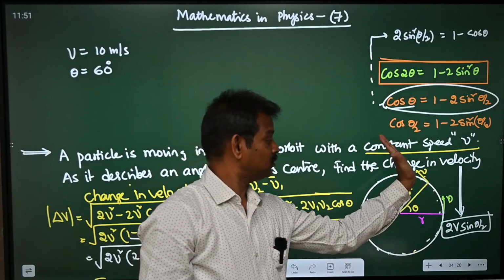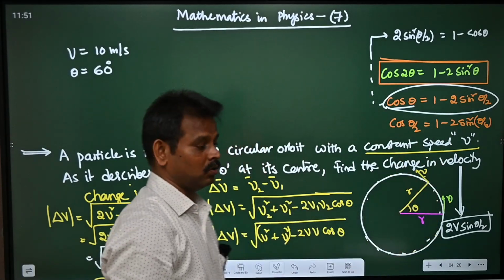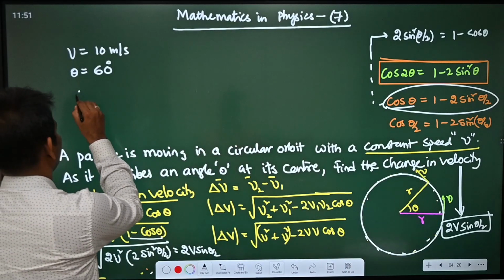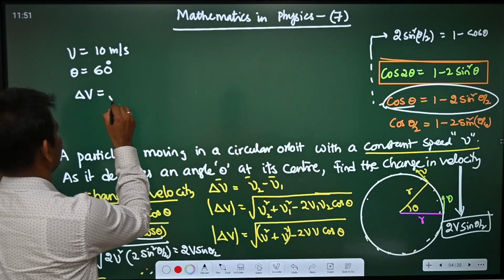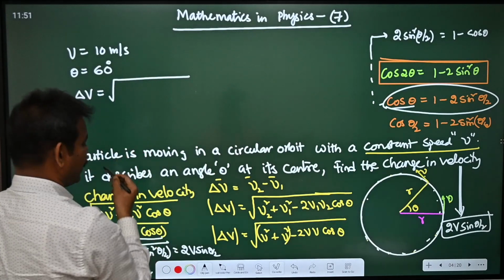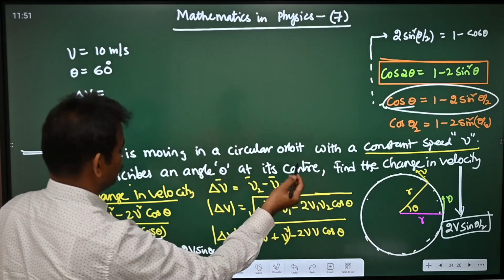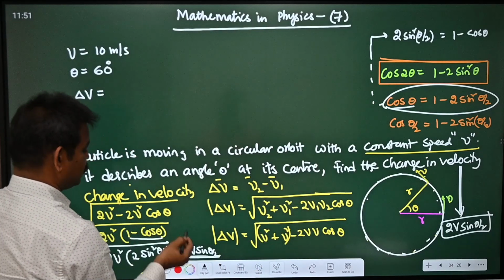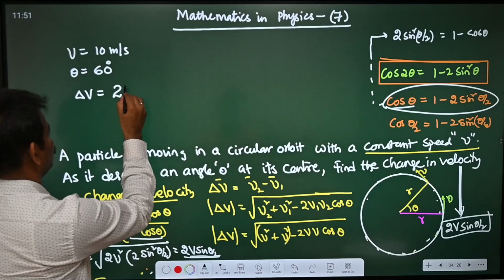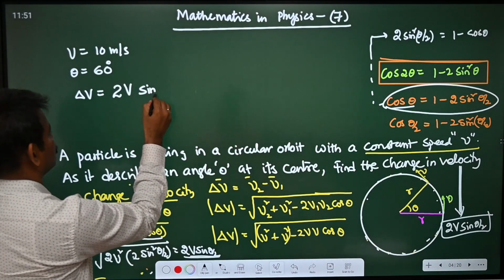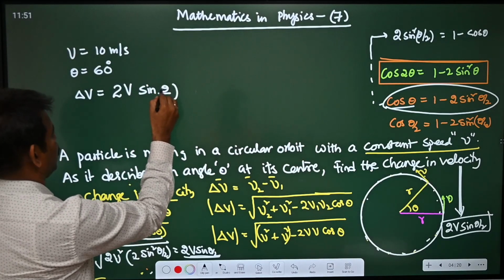But velocity means not only magnitude, direction also changes. So change in velocity is given by, directly we can use that formula. The change in velocity in this case can be written as 2v sine theta by 2.